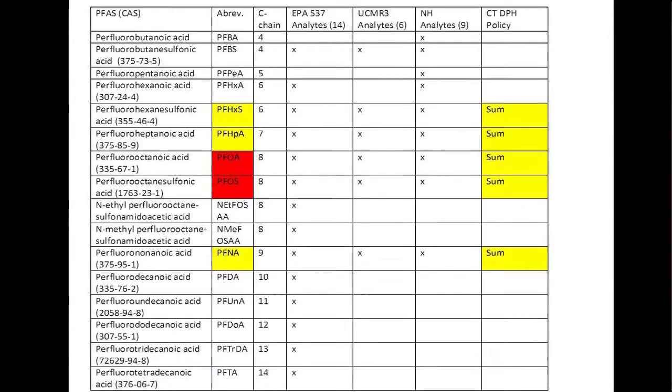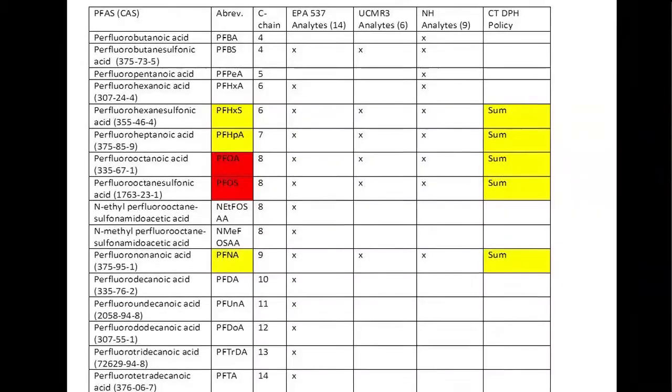And of course, there are other approaches for totaling all of the perfluorinated compounds as well. The standard methodologies in terms of those that really have approved methods from EPA is the 537 method and the subsets that are included there.